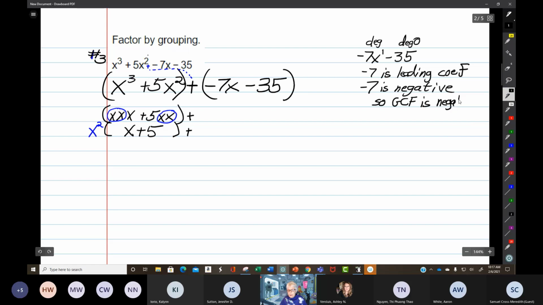I know that 7 goes into 35. That's not a problem, but my GCF cannot be 7. It's going to have to be -7.